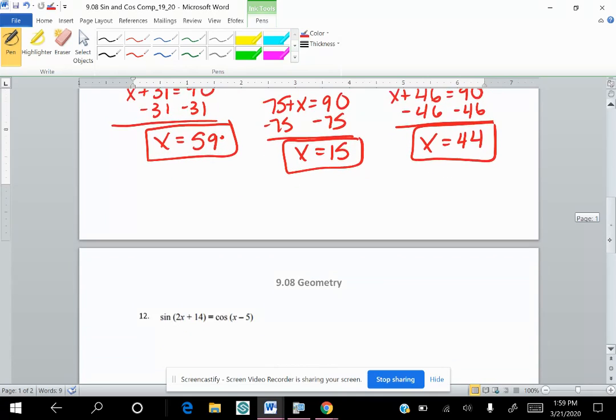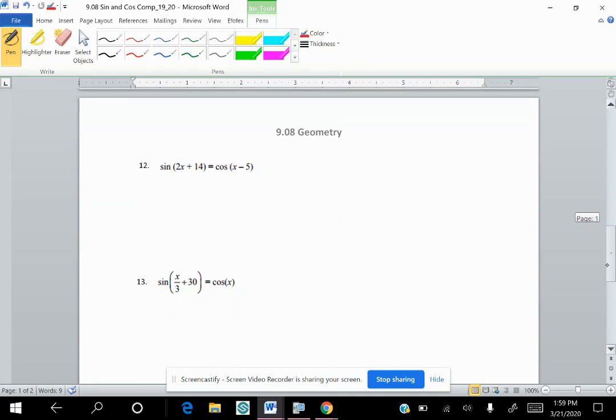Okay, so the next one, a little harder, but maybe you get the idea now. Try pausing the video, see if you can do it on your own. All right, again, sine and cosine are equal, so we take the two angles, set them equal to 90. So 2x plus 14 plus x minus 5 equals 90.